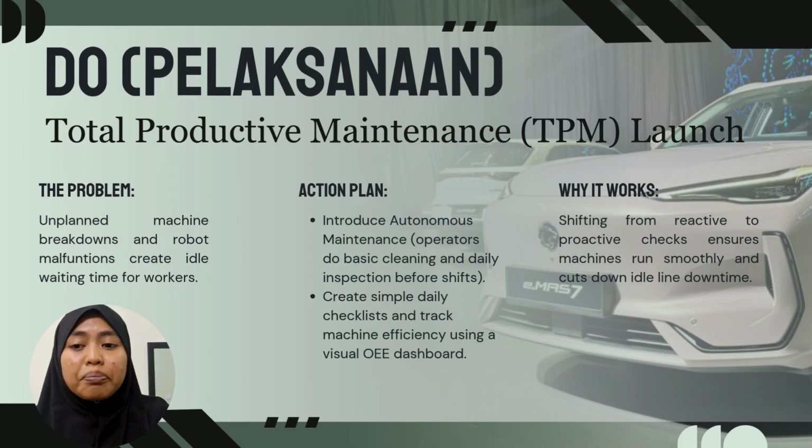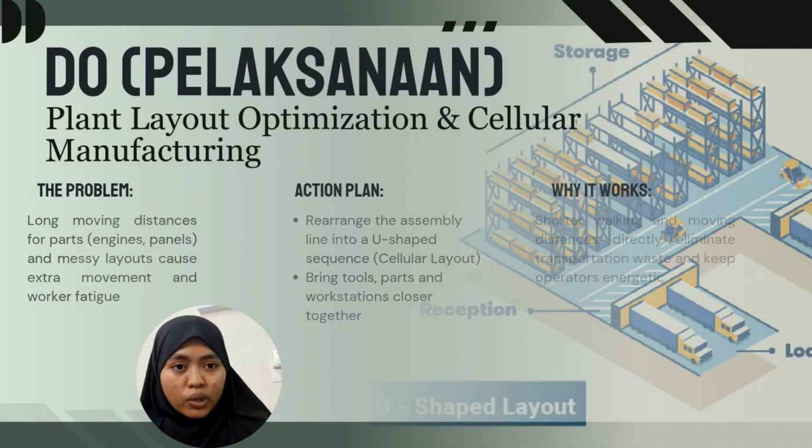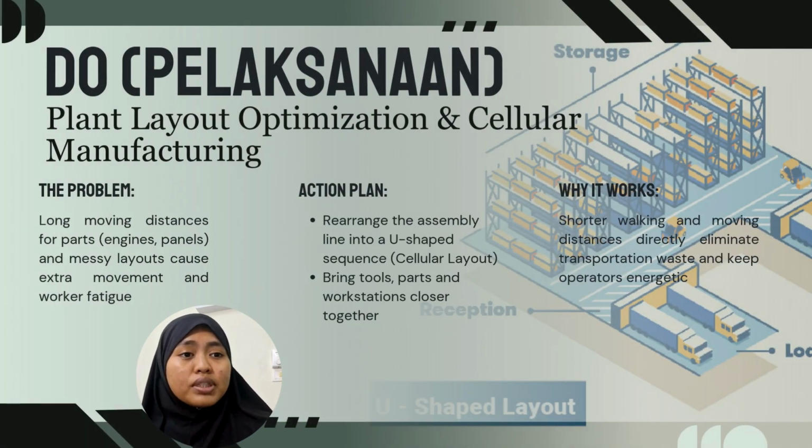Second, we will create simple daily checklists and track our machine efficiency using a visual OEE dashboard. By shifting our culture from reactive firefighting to proactive checks, we ensure that the machines run smoothly, effectively cutting down on idle line downtime. The second part of our solution focuses on plant layout optimization and cellular manufacturing.